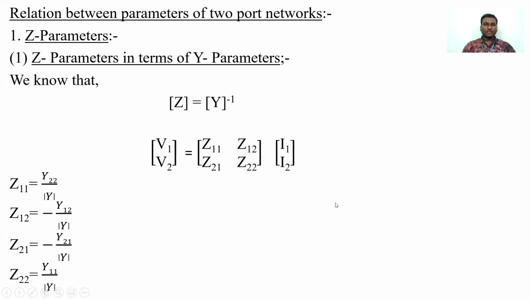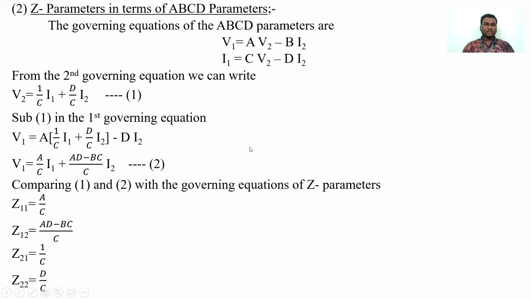Now, inverse means adjoint A by determinant of A. The adjoint is what we use to find the inverse, and the determinant of A is the determinant of all these parameters.